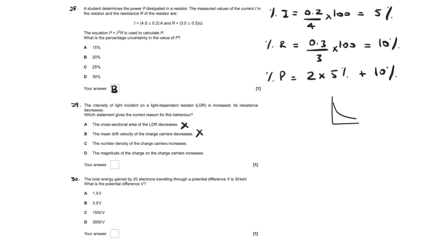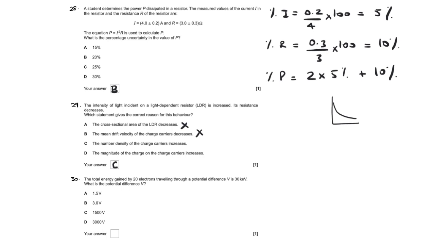It doesn't, because if the resistance is decreasing, the current is increasing, and therefore the mean drift velocity will also increase. C, the number density of the charge carriers increases. Well, yes, C is the answer. As for the magnitude of the charge on the charge carrier, the magnitude doesn't increase; it remains the same. So C is our safe answer. Now, we're almost there.